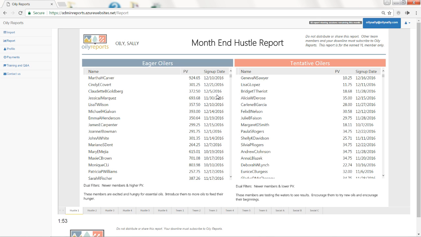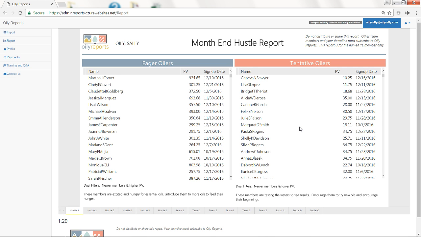Being able to encourage them to continue introducing them to more oils, and also helping make them expert on the oils that they have purchased, so they can gain confidence in their use. This is also kind of like a highlight list of who are my future leaders, who is the most engaged for future growth.